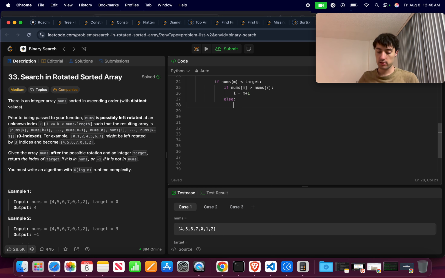So if that's the case, the other region, it occurs here. And now I need to do an if-else statement here. So if else, right? If what? So I need to now check because my m, my midpoint, is too small.